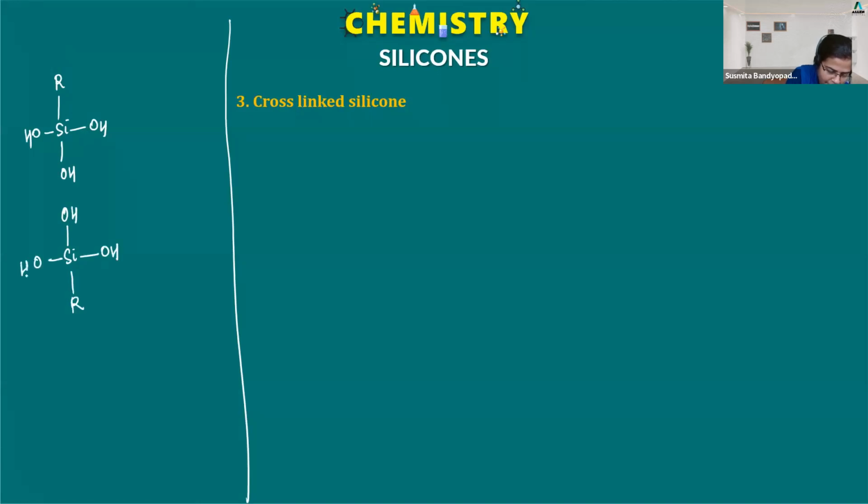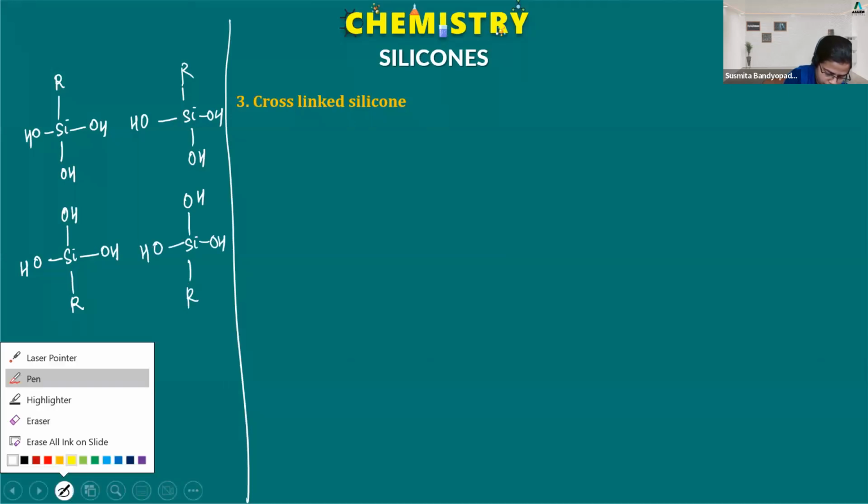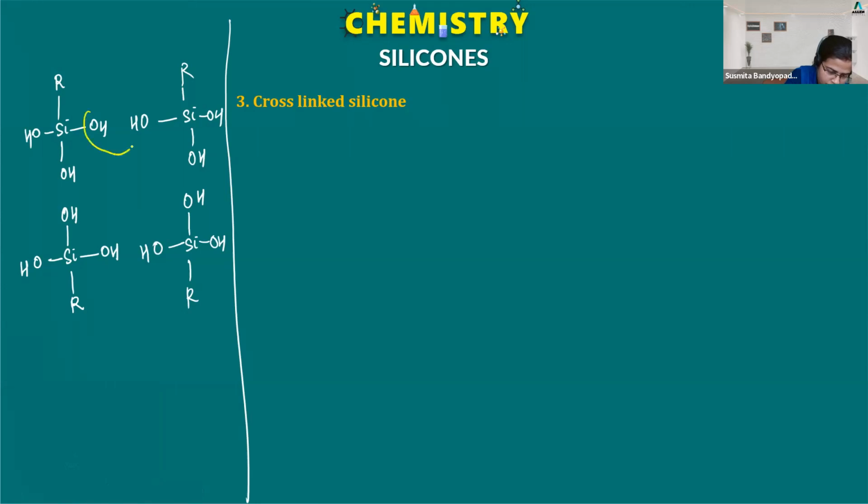Think of one more like this. One more. This 4 will do. Here it will lose a water. Here it will lose a water. As well as here it will lose a water.